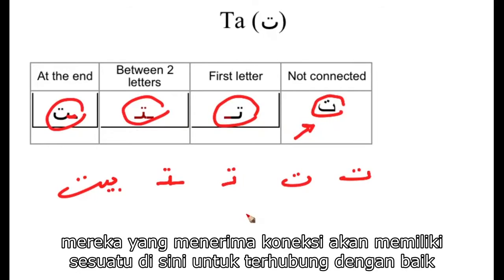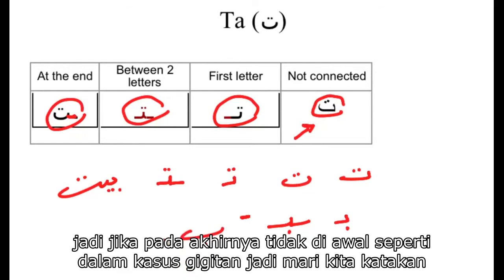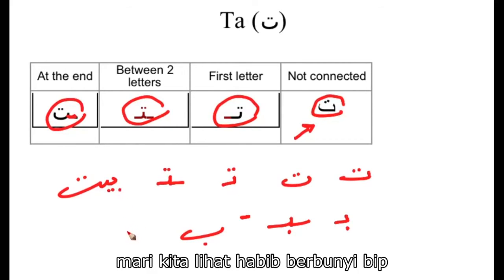If it is a letter that accepts connection, it's going to have something here to connect. So in the case of letter Ba, if you remember, we said Ba, then Ba, then Ba. So if Ba is at the end, not in the beginning as in the case of Bait, let us say Habib.